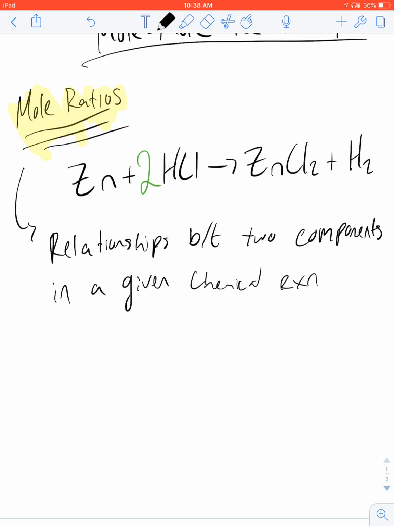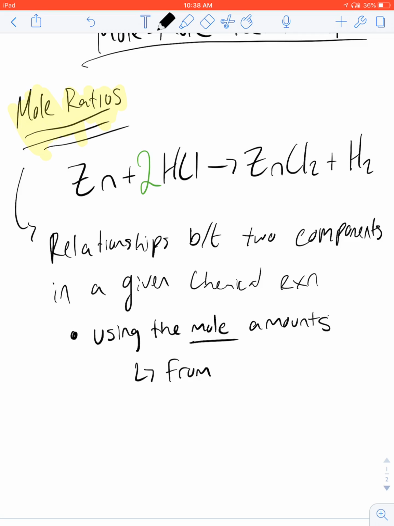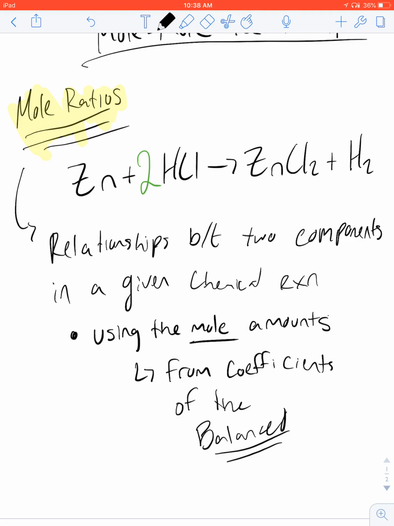Remember, we use the mole amounts. Important that they're the mole amounts, and these are from the coefficients of the balanced chemical equation.